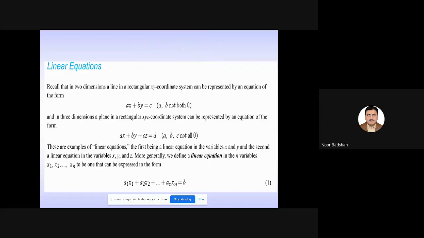So by only considering whether the right hand side is 0 or non-zero, you cannot decide whether a system is homogeneous or non-homogeneous. Any question?